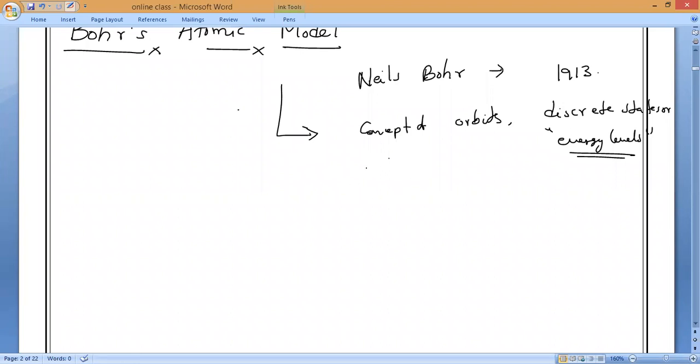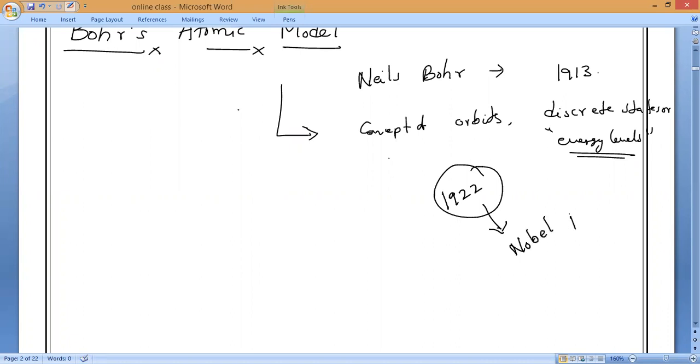In 1916 he was appointed as a professor of physics, and finally he answered all the drawbacks of Rutherford. That is why, for his work on the structure of atom in the year 1922, he was awarded the world's best civilian award. What is that award, everybody?